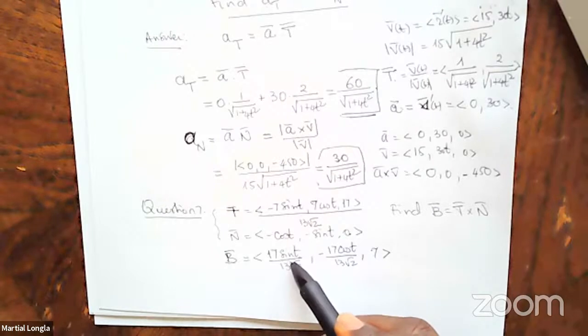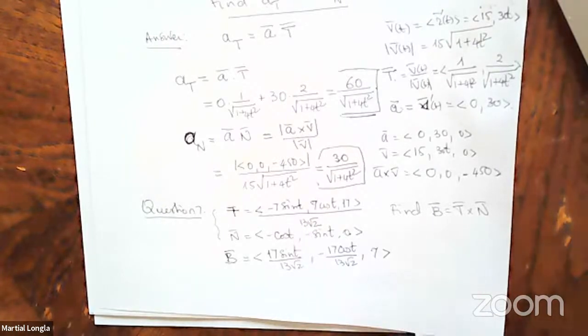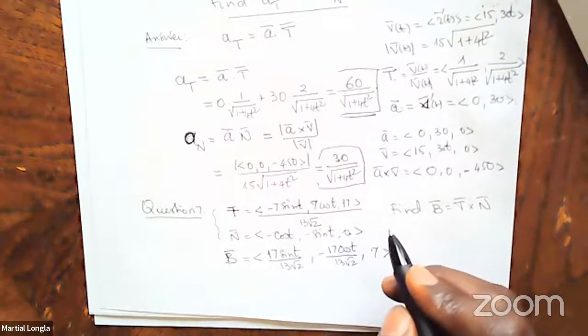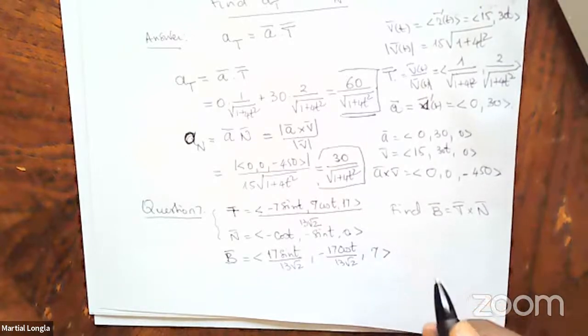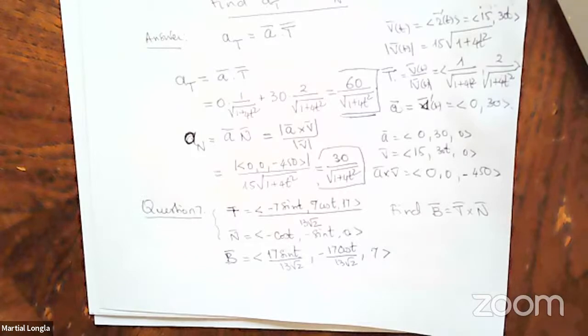And you do the dot product of this and that, you get 0 as well. Any questions?